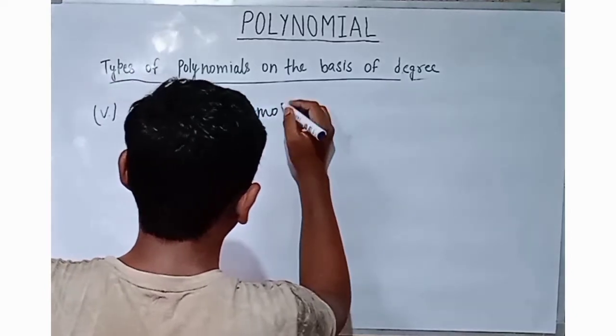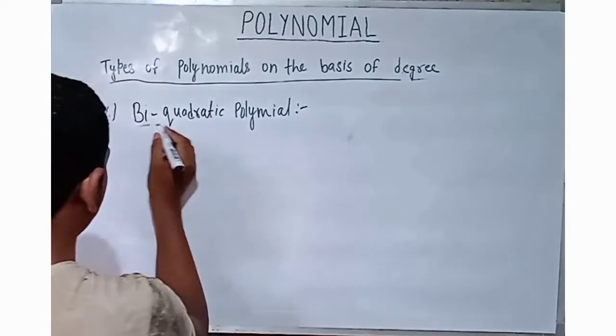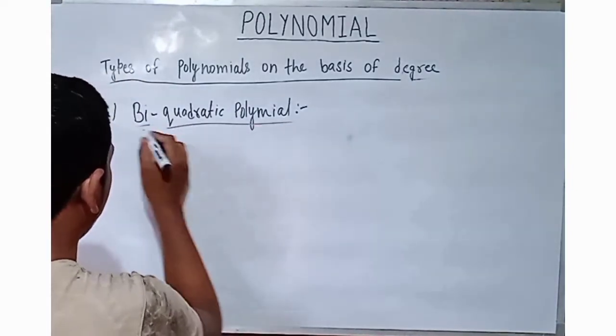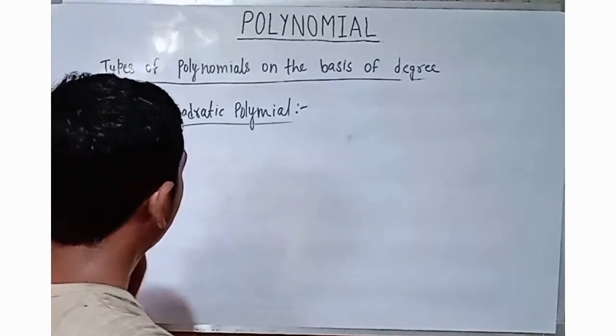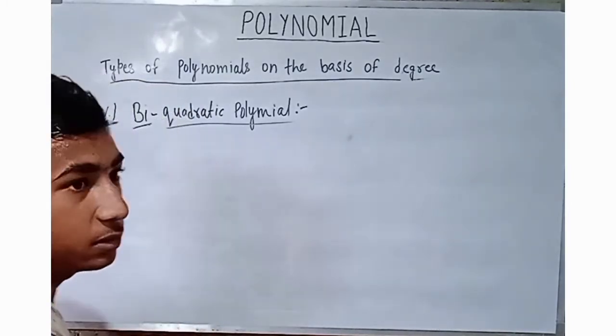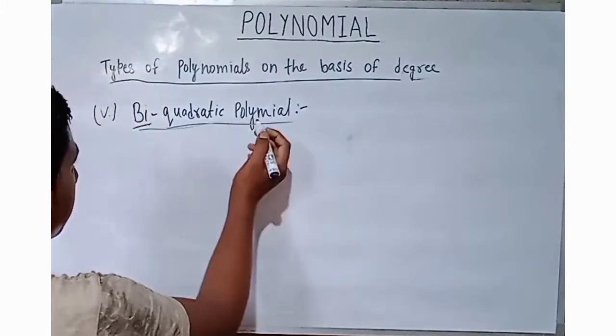Bi means 2 and quadratic polynomial means degree 2, so here 2 plus 2 will be 4, means जिस पॉलिनोमियल का डिग्री 4 हो उसको बोलेंगे बाय क्वाड्रेटिक पॉलिनोमियल.